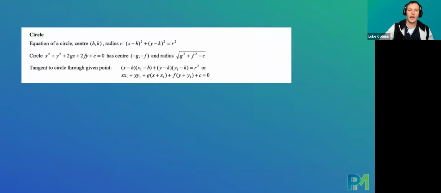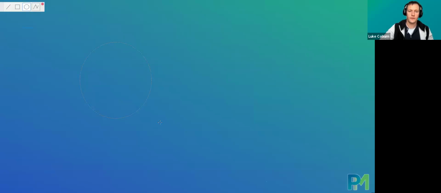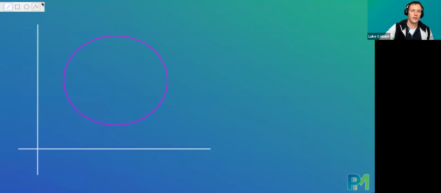So if we have a circle, let's draw a circle. And this is a circle, and let's put down our XY axis. Something like this, right? Okay, great. Now, a circle is always going to have two things. It's going to have a center and a radius.